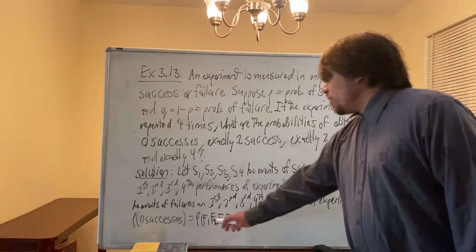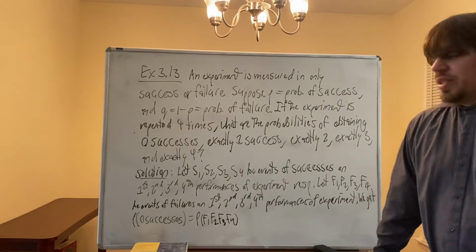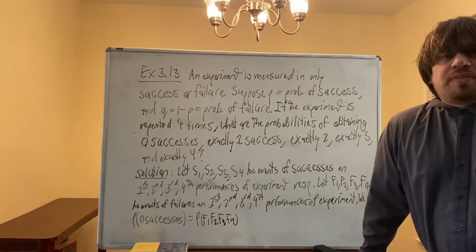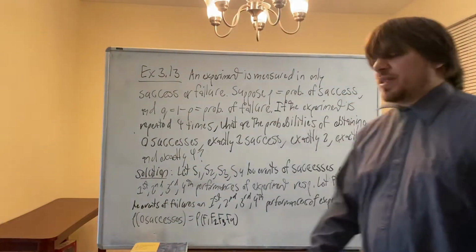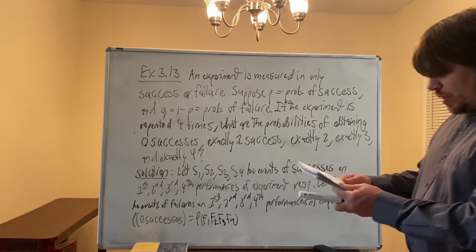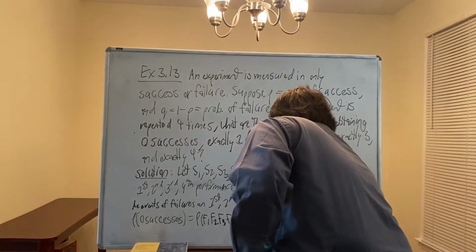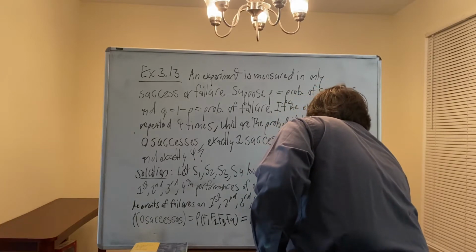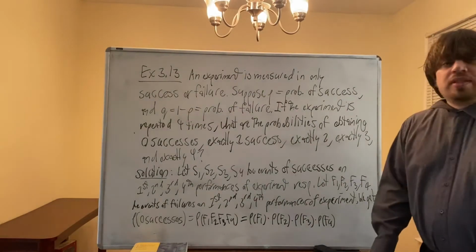Right, because F1 to F4 are failures in the first to fourth performances of the experiment. And so the probability of the intersection of all 4 of those F's would be the probability of failure in all 4 performances of the experiment, which means there would be 0 successes. So the probability of the intersection of those is the probability of F1 times the probability of F2 times the probability of F3 times the probability of F4. And that's because F1 through F4 are independent events.